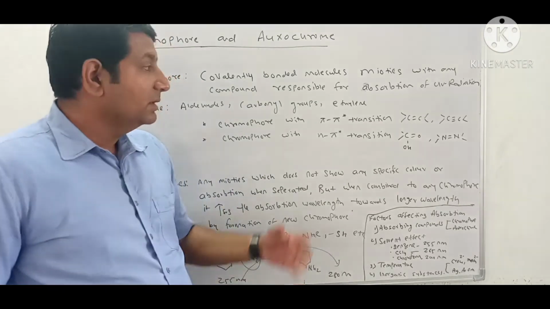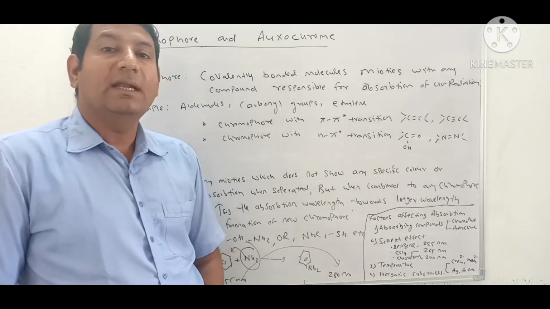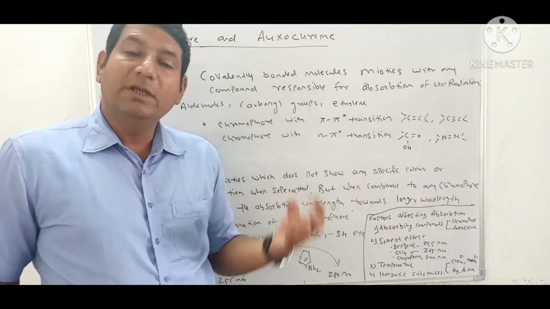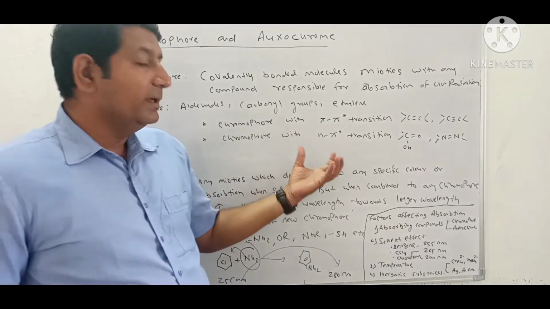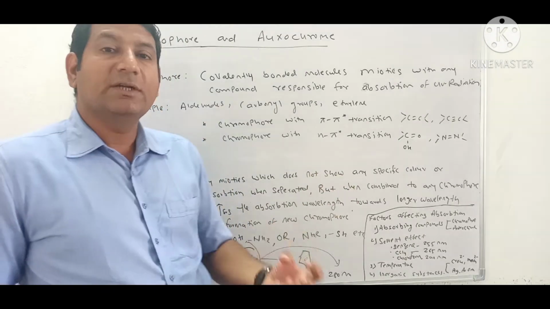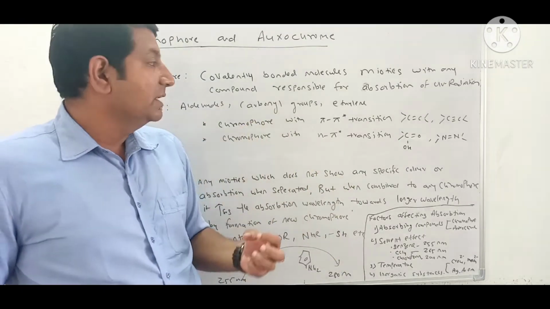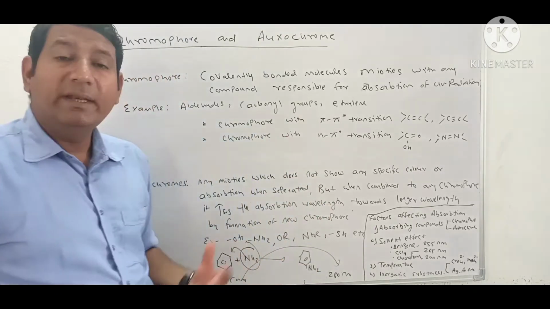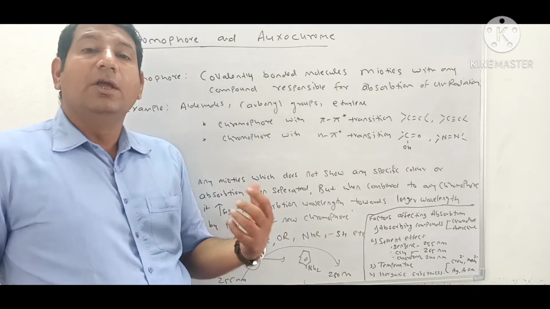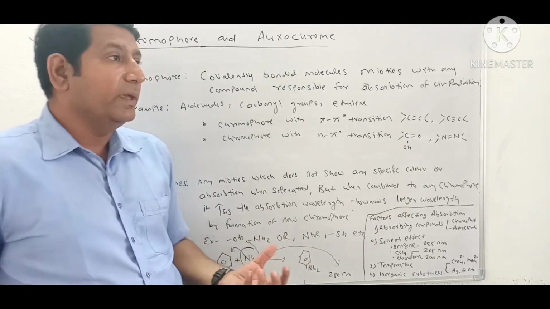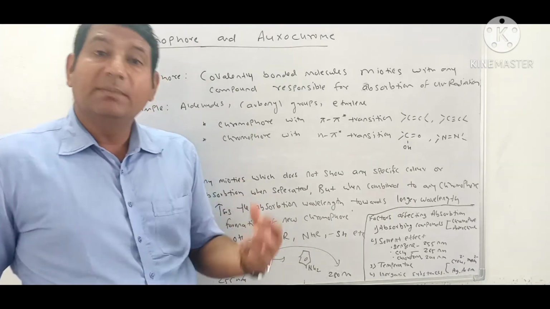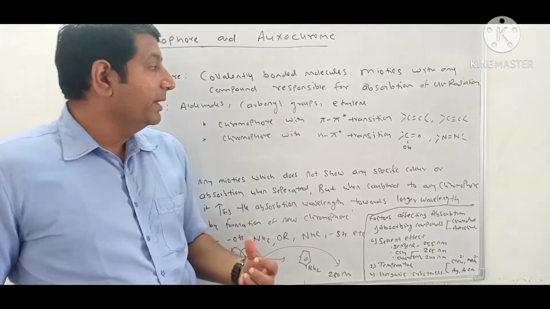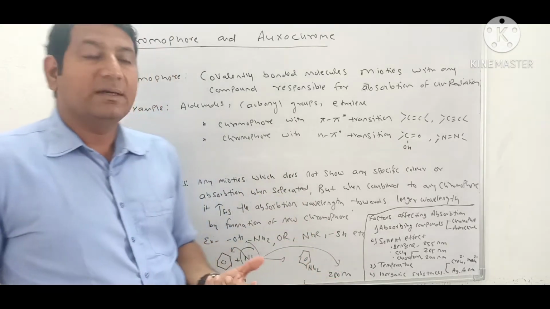This is because alkenes and alkynes are highly unsaturated compounds and they have pi orbitals in which pi electrons are present, and these electrons absorb the UV radiation and go for excitation. In the last video we discussed various electronic excitations in UV visible spectroscopy, and we studied that sigma to sigma star excitation requires larger energy as compared to pi to pi star or n to pi star transition.